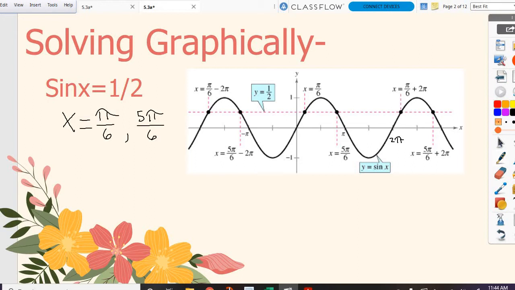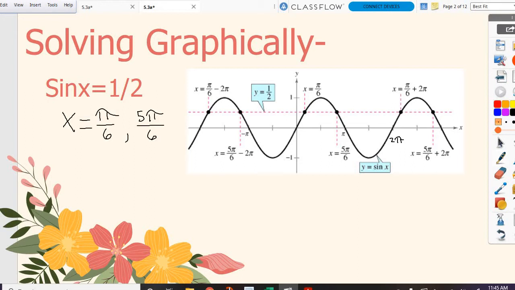Now, does our sine graph just stop at 2 pi? No, right? That's one full rotation or one full period, but it goes on forever, right? So how many solutions are we going to have? An infinite number of solutions, right? So if I ask you to solve sine of x equals 1/2, you don't want to sit there all day long writing out every single solution, right?